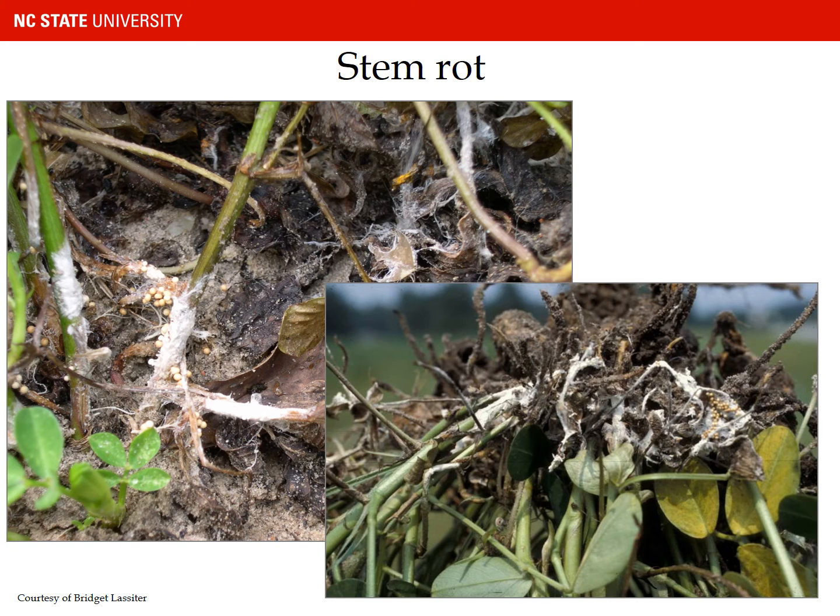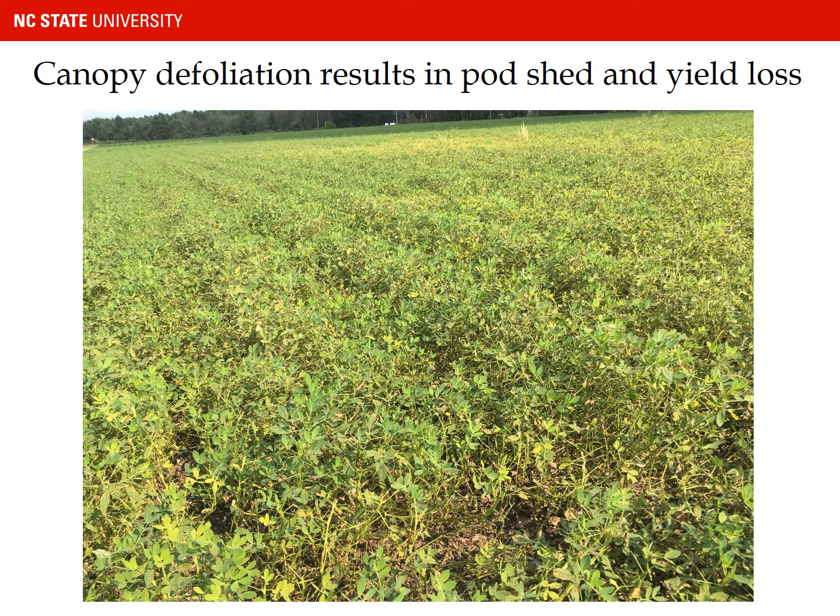Stem rot is another disease that we can run into problems with. Here's an example of letting leaf spot get away from you, and you can see there's a lot of canopy defoliation, and when you get to about 40% canopy defoliation, you start having major yield losses. And the biggest challenge there is it's like with every epidemic.